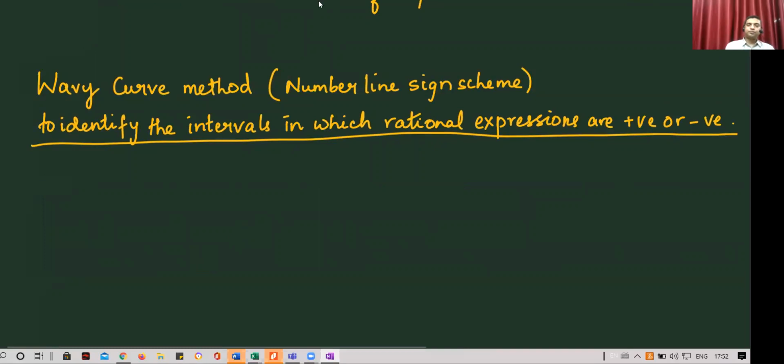So let us say, I'll start with an example and then explain the concept. So let us say f of x is polynomial upon a polynomial.